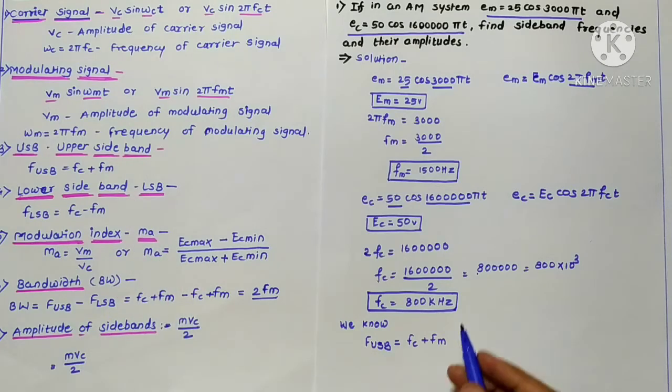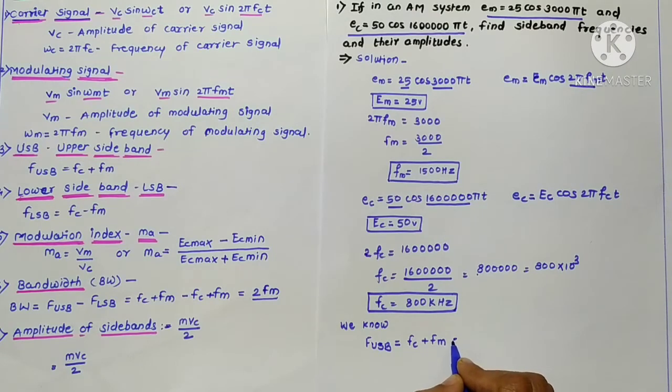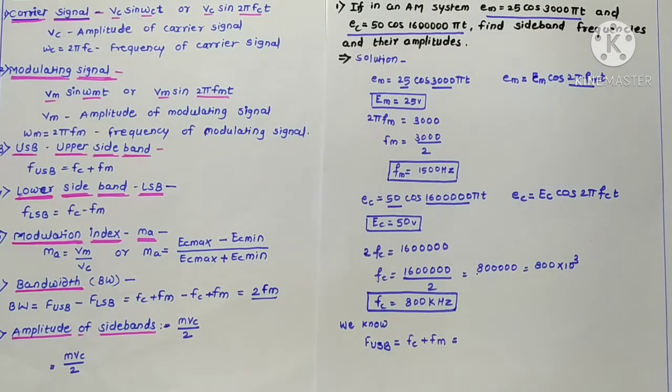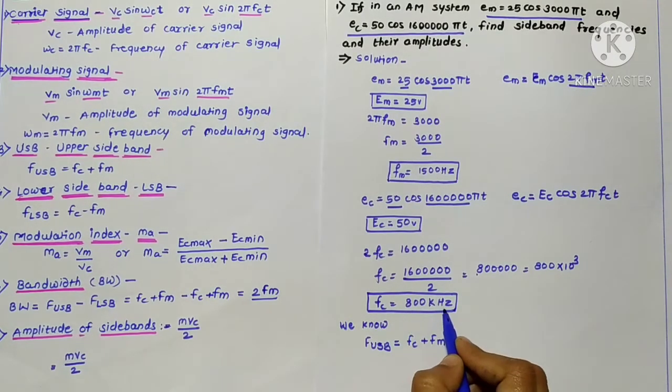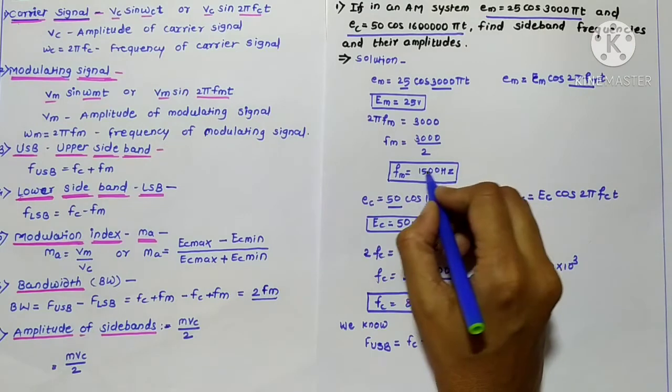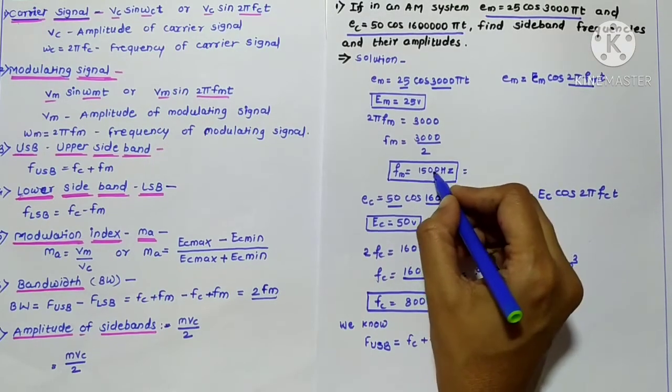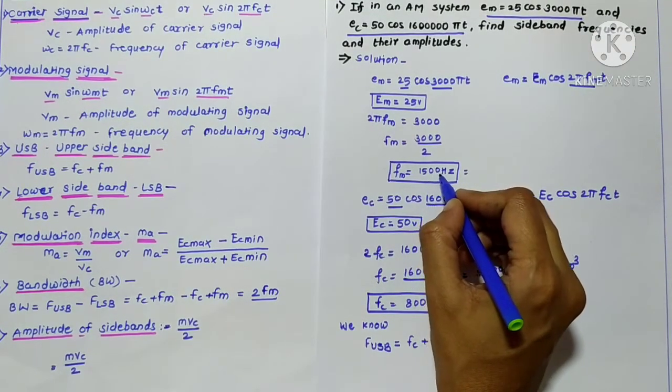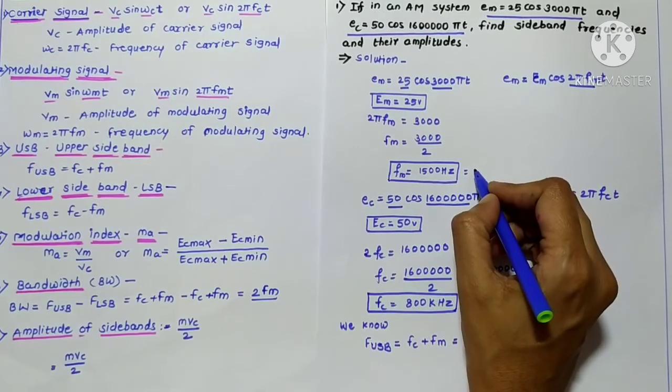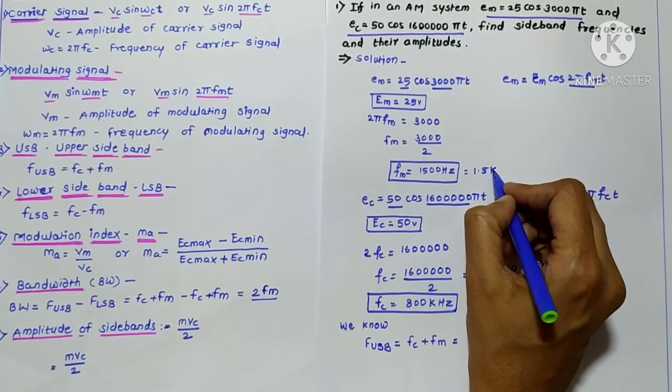Okay students, so by using this formula we can write here Fc plus Fm. Fc is nothing but 800. As this is 800 kilohertz, we can convert this Fm. Instead of writing 1500 hertz, it is 1.5 kilohertz.